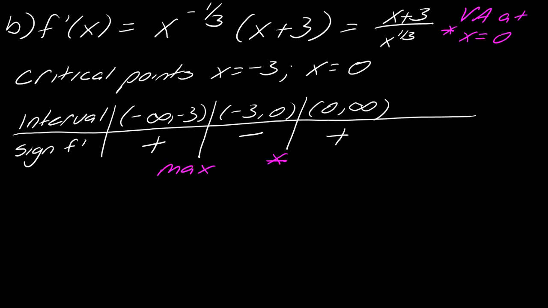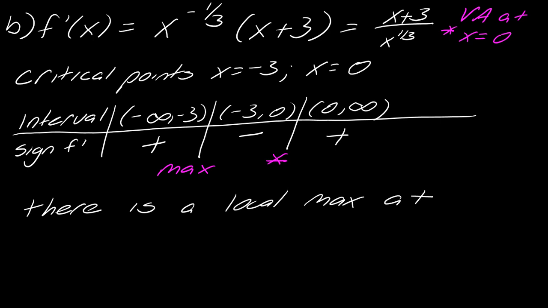And so this is going to say there is a local max at x equals -3. And that's about as much as we can say about this. We really can't make any other conclusions because we just don't know what the first derivative is, so we can just confidently say there's a local max.